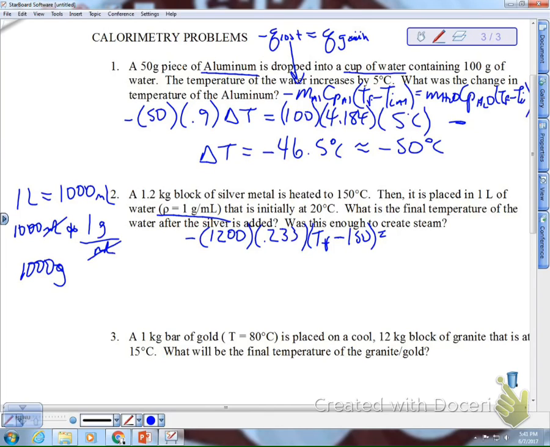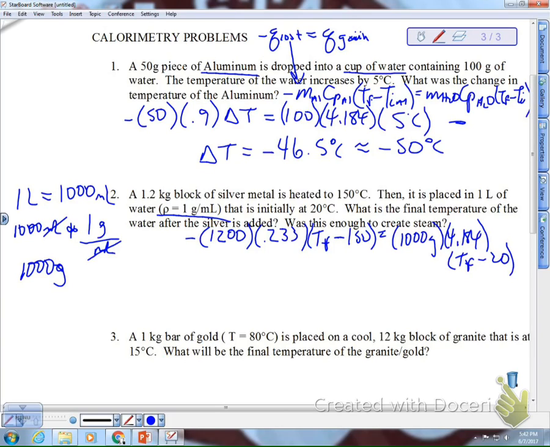Okay, so the water here we have, as we calculated before, 1,000 grams, 4.184, and I'm running out of room a little bit, so I'm just going to write here TF minus 20. I'm going to go through the way I do the algebra. It may not be the way you do it, but I find this to be a fairly efficient way to do it.